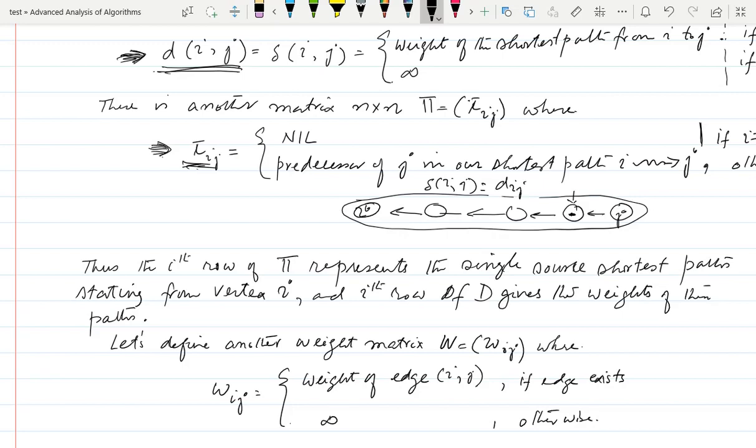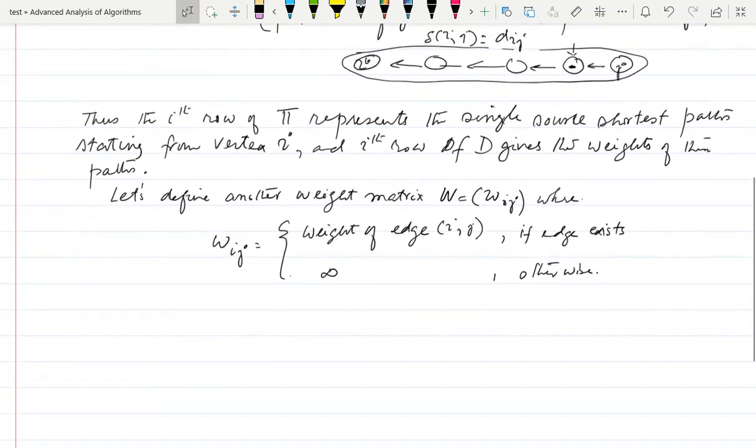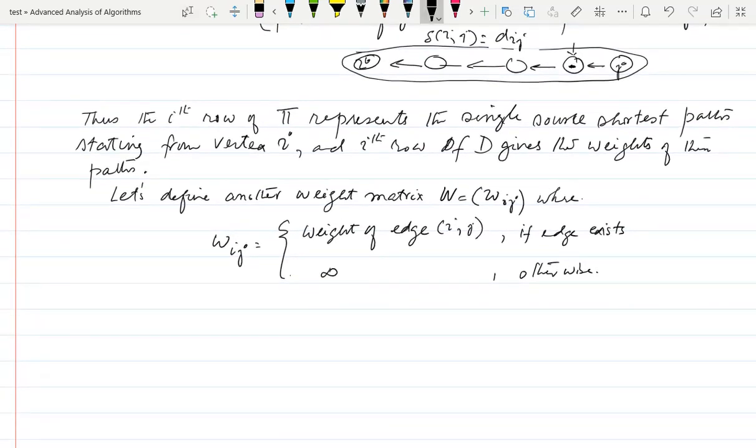You have to differentiate between capital D and capital W. In this case we are talking about the edge. If there is a direct edge from i to j, then the weight of the edge will be represented by Wij, otherwise the values will be infinity. So we are talking about a direct link from i to j. If there is one, then it will be represented by W. Remember that the original given graph G is a digraph or directed graph.